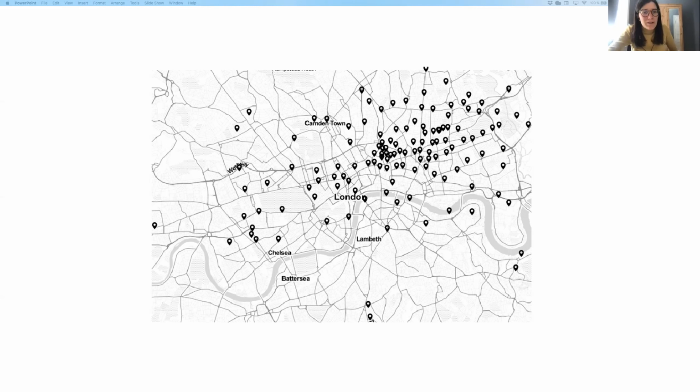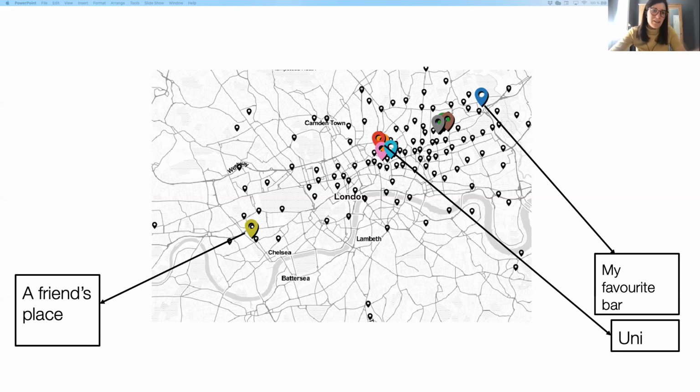When I looked at the figure, I thought, okay, I've seen quite a lot of London. But then when I tried to figure out where the places are where I spend 90% of my time, this boils down to a very small set of places. So the finding here was that I have visited many places, but the places where I really go a lot are very few. And they correspond to a friend's place, my favorite bar, my university, and of course my home location, and so on.